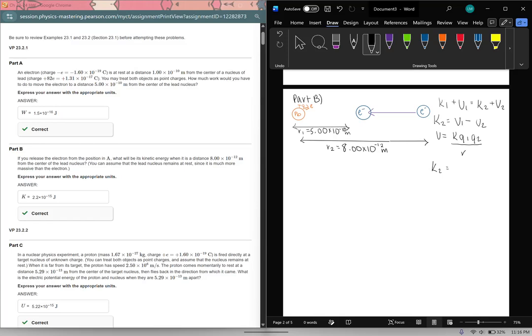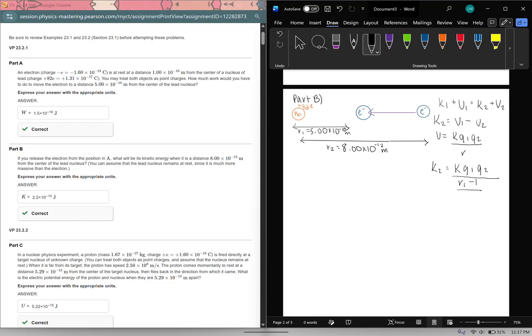Q2, I'm assuming, equals K times Q1 times Q2 times the quantity over R1. I think I'm writing it wrong.